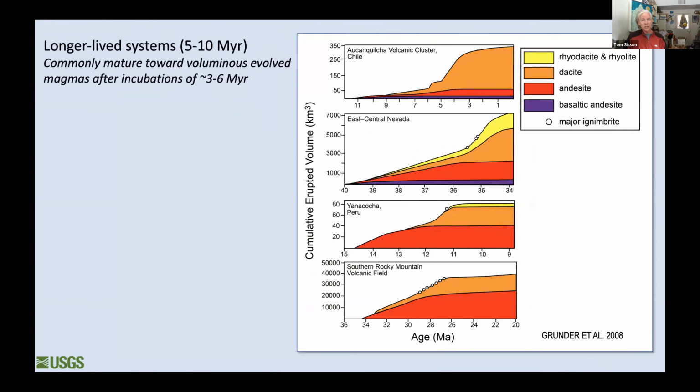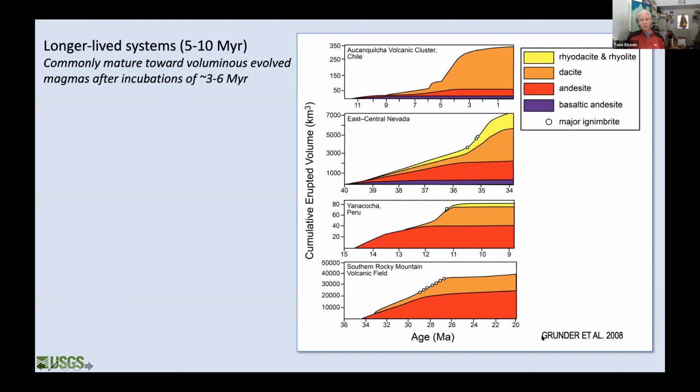So as George suggested that I also bring to your attention, there are even longer lived systems, say 5 to 10 million years. And these very commonly mature towards voluminous evolved magmas after incubations of about 3 to 6 million years. So here are various different examples: age versus cumulative volume.